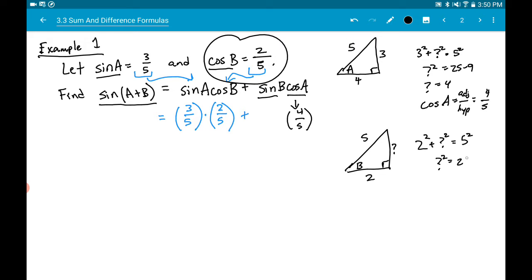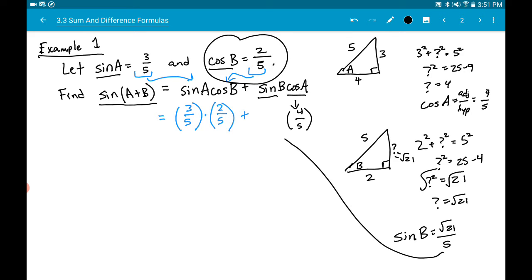You can slow this down if you need to check it out. It would be this. And if I take the square root, I get that the missing side is going to be the square root of 21. You could use a calculator, but let's just leave it as the square root of 21. So I can say that sine of B is opposite over hypotenuse, and that's going to get plugged in right here.